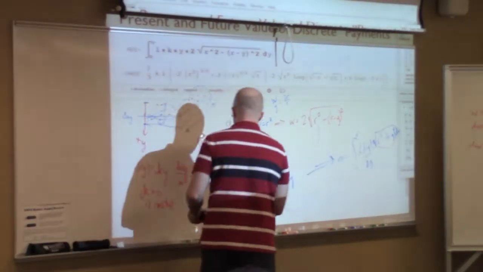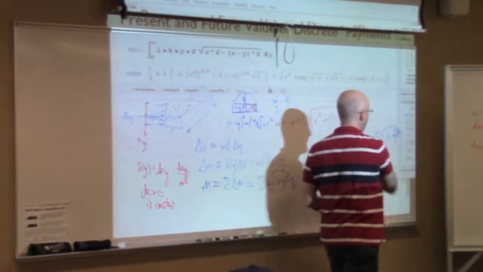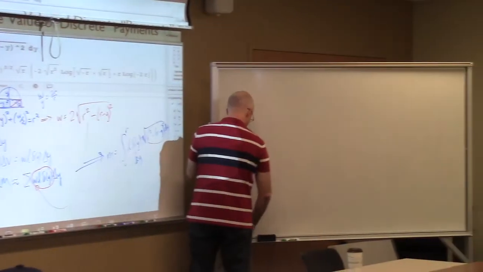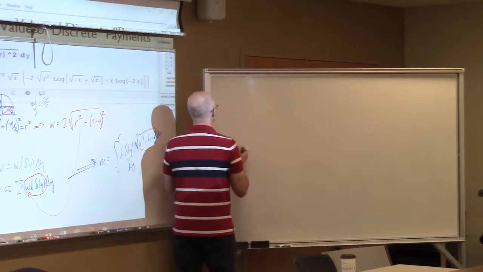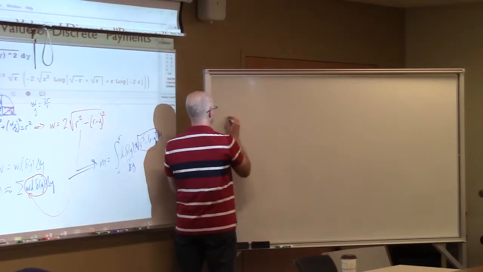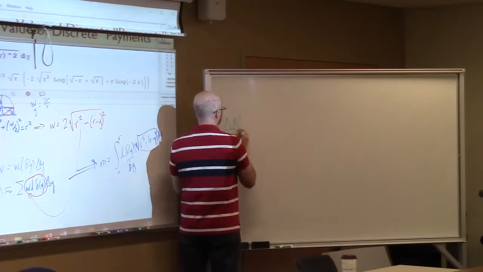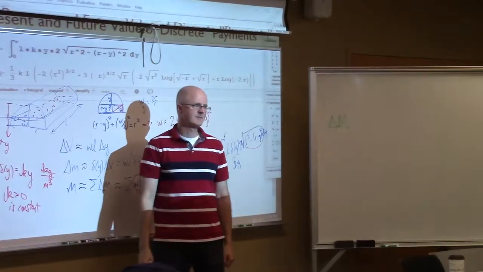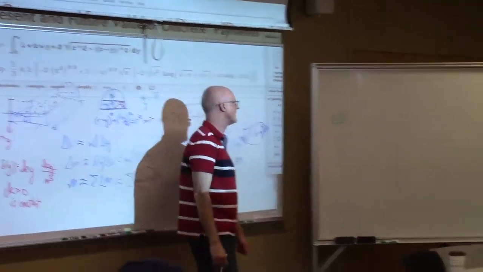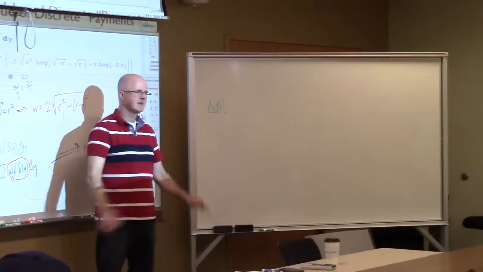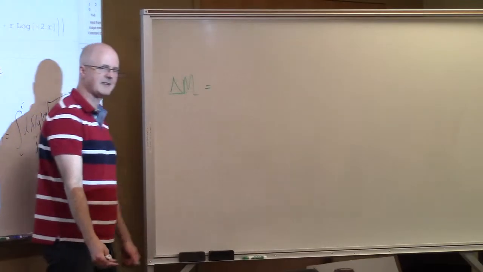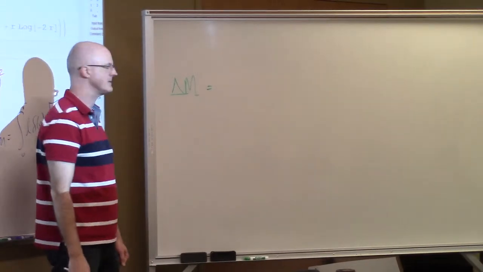What would the moment in the vertical direction be, with respect to how I set things up? Call it delta capital M for this, focusing on this slice here. That would be the moment of that slice with respect to the floor, helping us find the center of mass ultimately in the vertical direction.